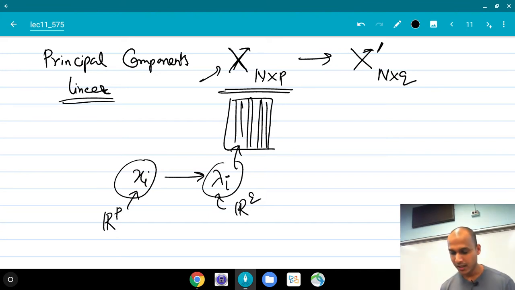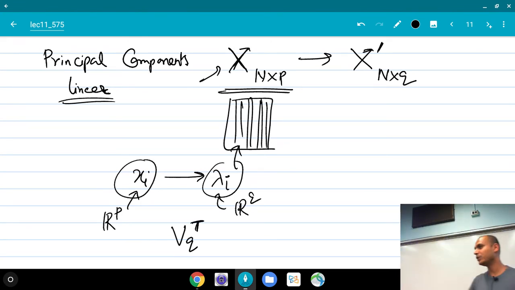So you can imagine the transformation. I'm going to call the transformation V_Q transpose. Q is just for the dimensionality of the lower space, the Q that I care about. I put a transpose and a capital V; it just represents a matrix.